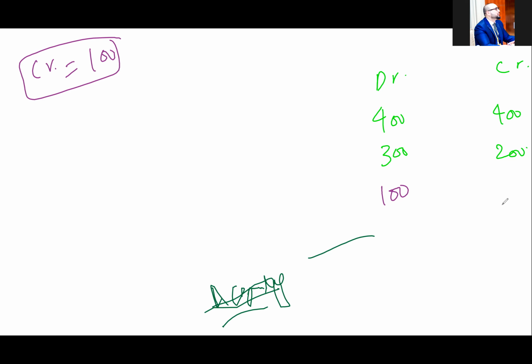So you make a new entry and say this is an adjustment for error, 200. So when you put 200 here, see the balance would be 100 credit, because the credit is 100 amount bigger than the debit. So this is how you do the entry.